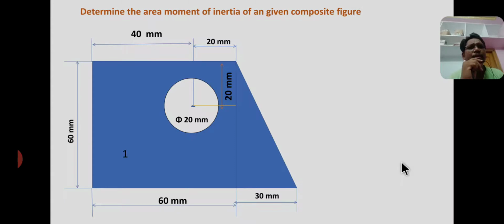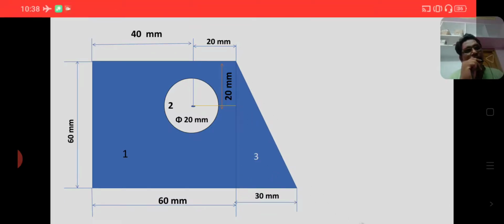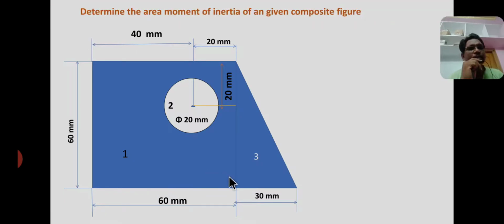First of all, the given section is split up into 3 sections: section 1 as a square, section 2 as a hollow circle, section 3 as a right angle triangle, where section 1 and section 3 are solid sections.